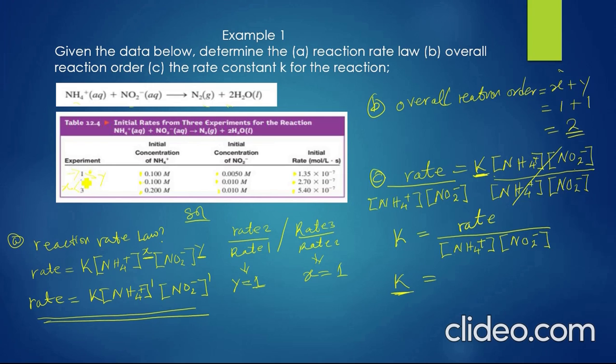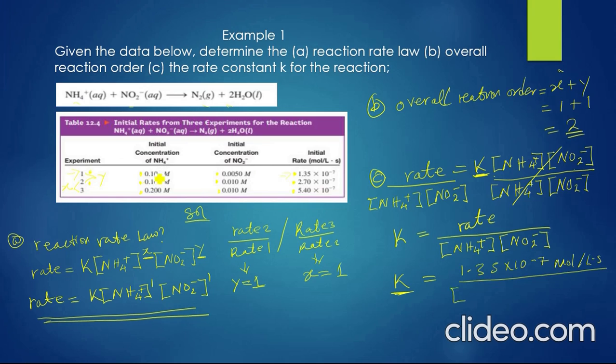So I'm saying if you want, you can use the result for the second or third, you still come up with the same answer. If I use the result for the first experiment, I'm going to use this initial concentration of ammonium ion, which has been given, and this initial concentration of nitrogen dioxide, and then my rate to be this one here. So let me substitute here. My rate is 1.35 times 10 to the power -7, and the units are mole per liter per second, over my concentration in the first experiment.